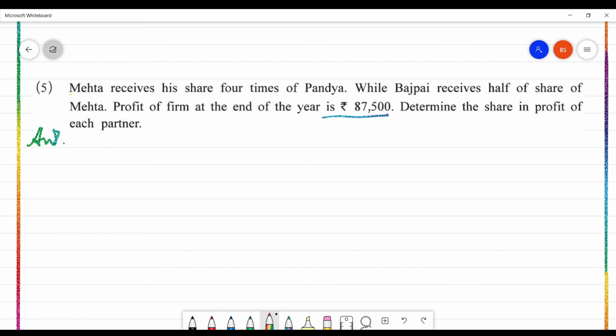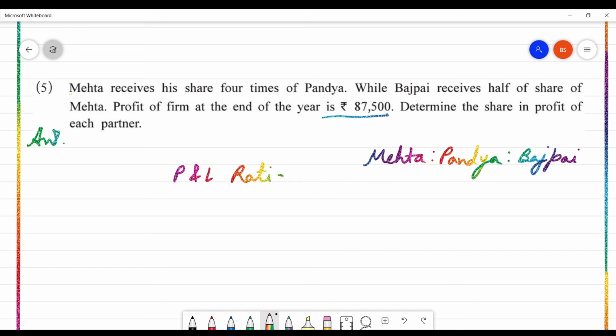So first of all we will write down the names Mehta, Pandya and Bajpai. We have to find out the P&L ratio here according to given information. Mehta receives his share 4 times of Pandya.